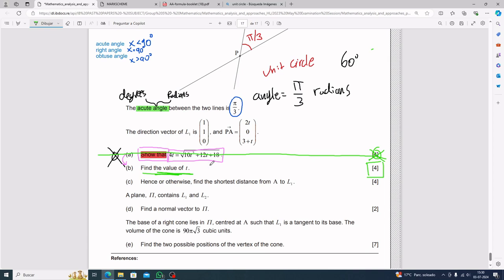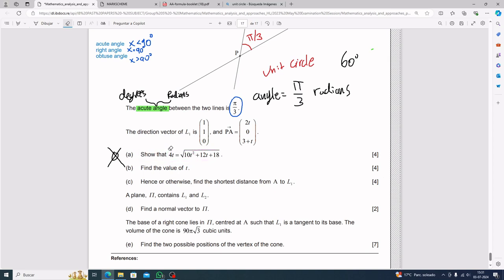So whenever you have "show that," keep in mind you can skip that part and just move on, in case you're low on time or having trouble solving it. That is more of a test-taking skill or strategy I wanted to show you.